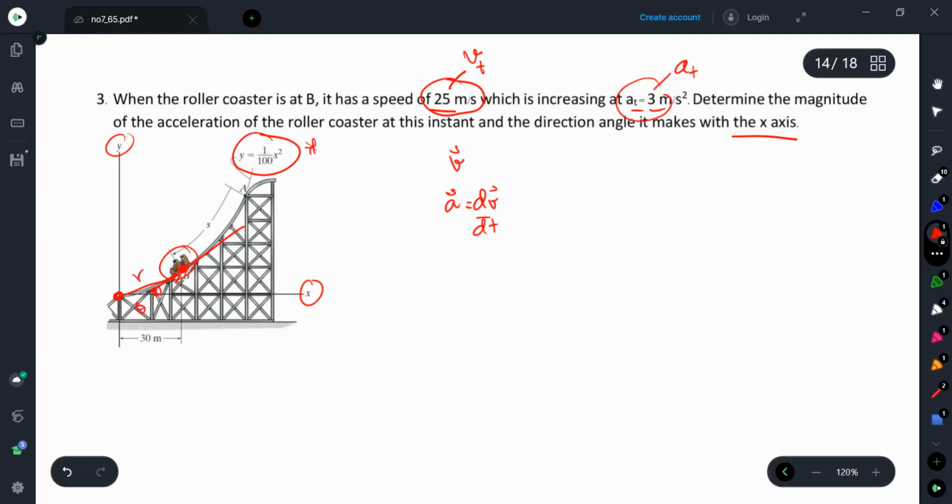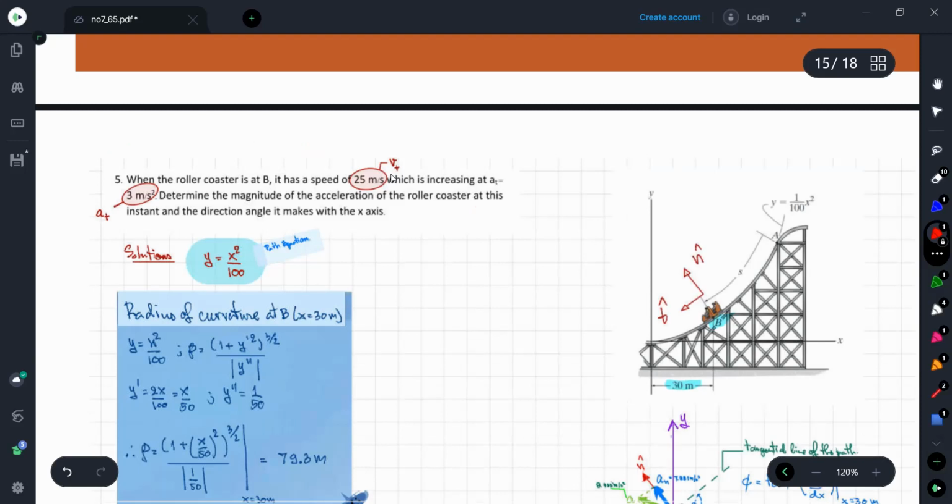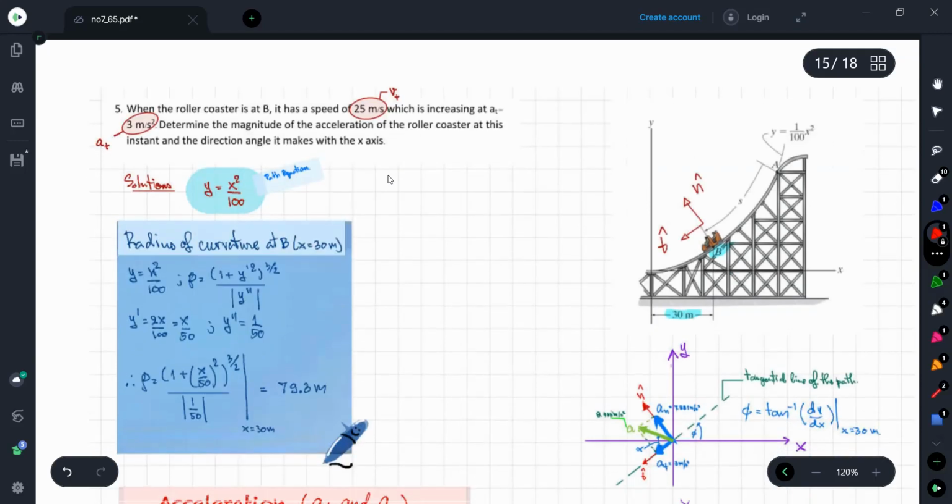That may cause a lot of confusion in solving the problem. But if we work with normal and tangential directions, we already have the velocity component and acceleration component, and also we have the path. So for this problem we apply the normal and tangential directions instead.